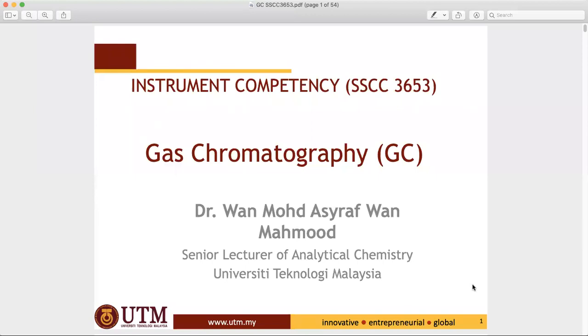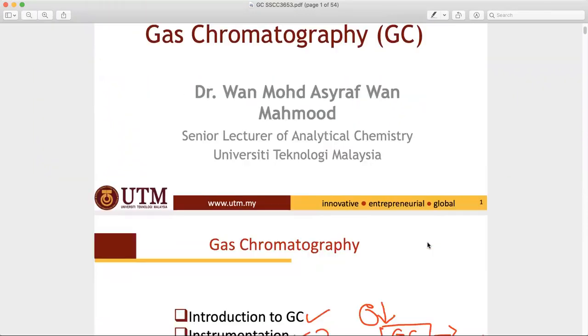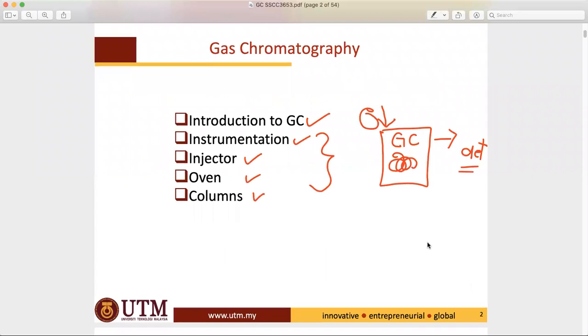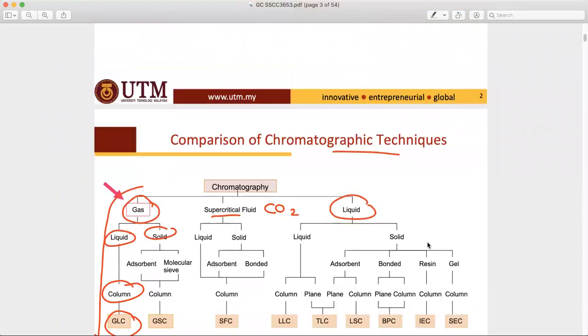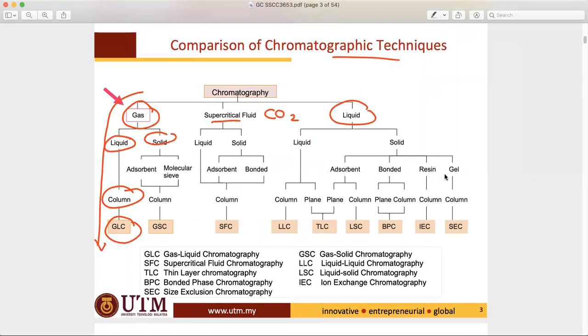Okay, so I'm just going to recap what we have learned last week. We learned about gas chromatography, what gas chromatography looks like, the instrumentation, and we also covered some comparison of chromatographic techniques.